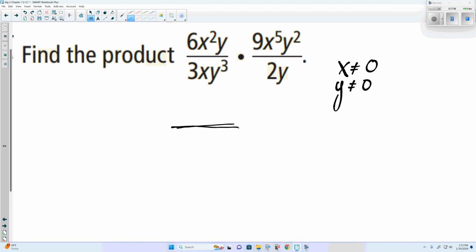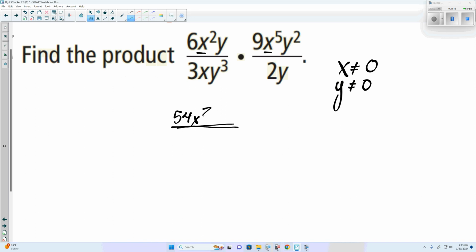6 times 9 is? Then we can do our x squared times x to the 5th, which is x to the 7th, because 2 plus 5 gives us 7.